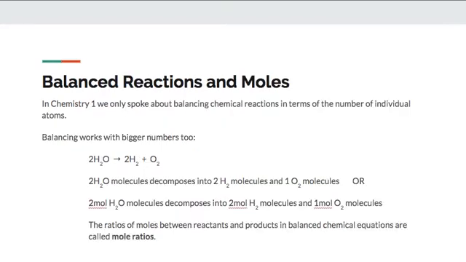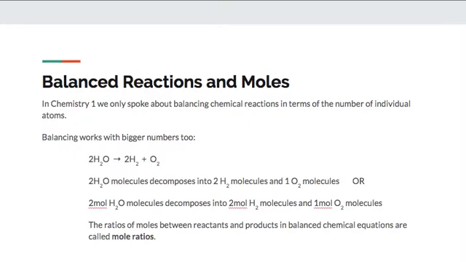So how do we take these balanced chemical equations and relate them to moles? So in Chemistry 1, we spoke a lot about chemical reactions and the law of conservation of mass and why that was important for atoms and molecules and things that were on this pretty small scale. Well, it ends up that balancing a chemical reaction also works with big numbers and large quantities.